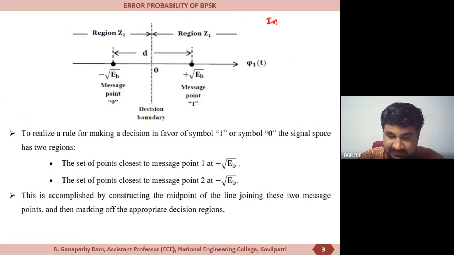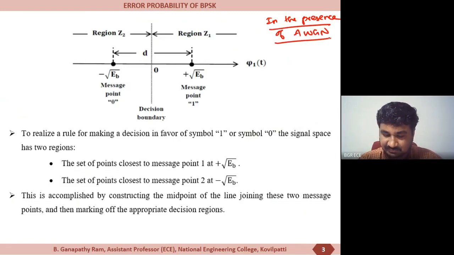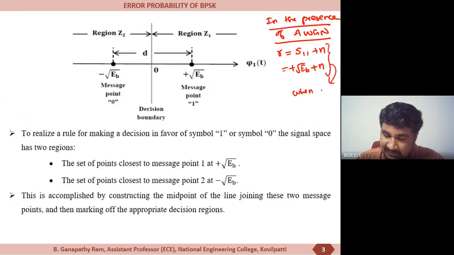But in the presence of additive white Gaussian noise, R will be equal to S11 plus N, that is plus root EB plus N. So this is when 1 is transmitted by the transmitter.